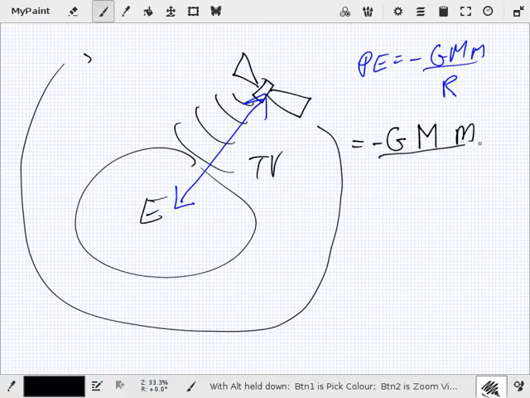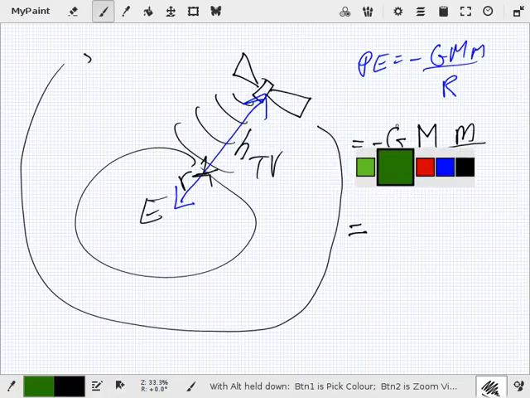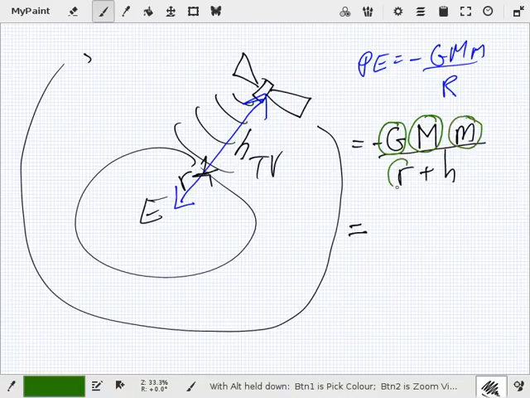And just be careful, the radius is actually R plus H. It's the Earth's radius and the satellite's height. Can you type the numbers in? Tell me what you get. So you need G, mass of the Earth, mass of the satellite, radius of the Earth, and height of the satellite. Tell me what you got.